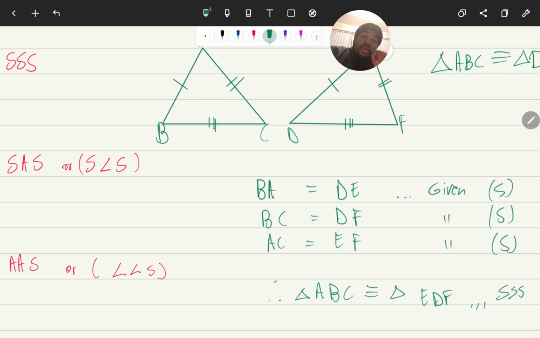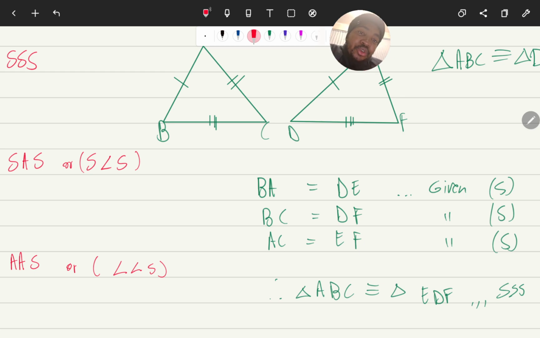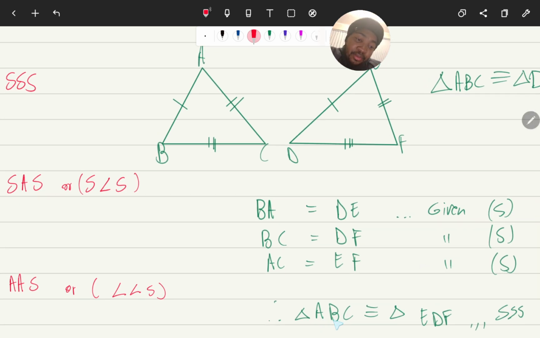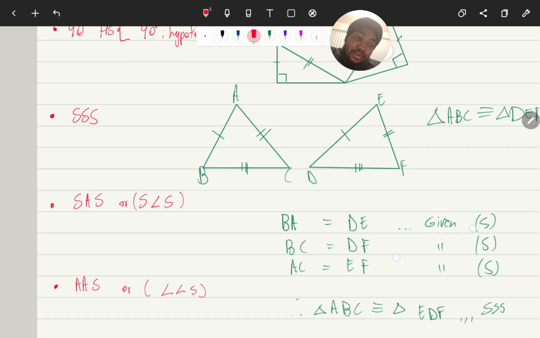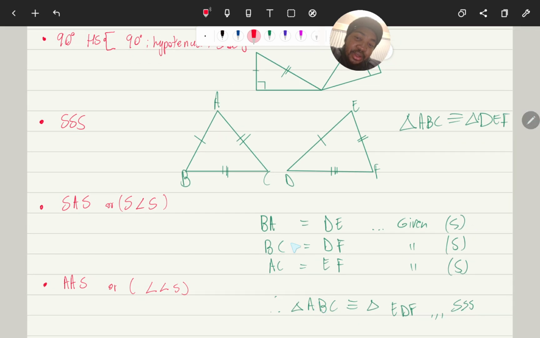Yeah. So now, while we are on this part, something I'd like to illustrate is the way in which you name your triangles. Look at this. We are saying AB equals to ED, right? Let's see the picture. Right, so AB, here's AB, it is equal to ED or DE, right?